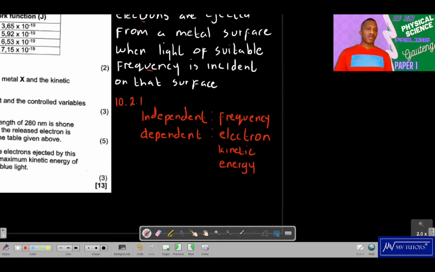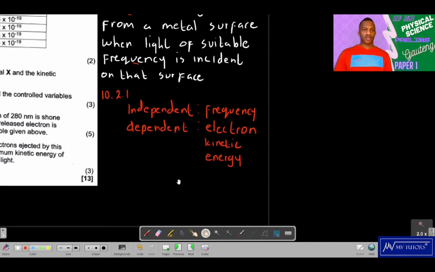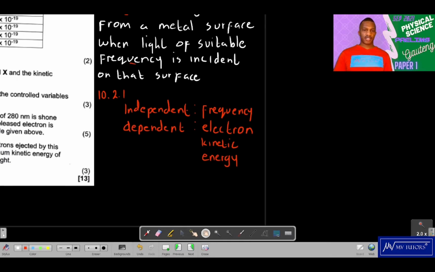And then the last one was, what is it? The controlled variable. The thing that you vary, that changes, will be the type of metal.